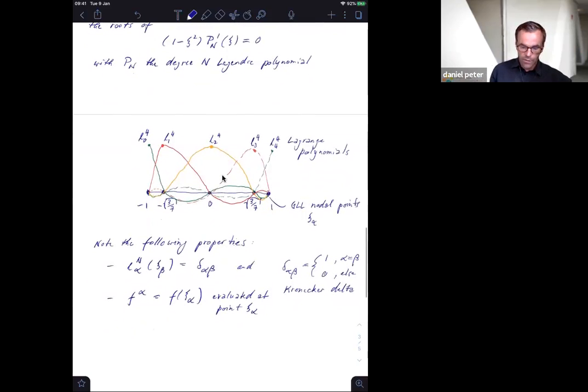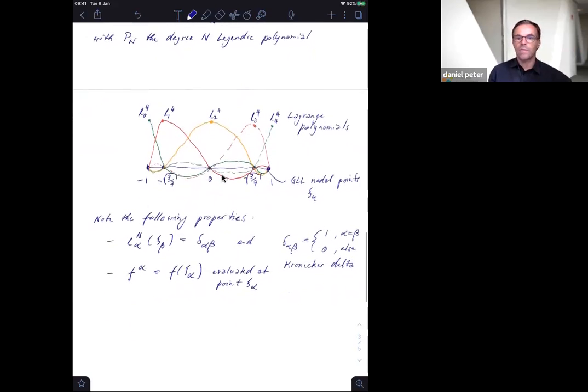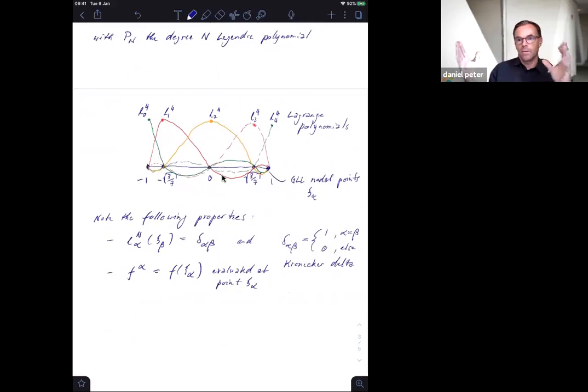Then these coefficients f alpha are just the function evaluated at that nodal point. This will become handy when we look at, for example, the mass matrix expressions.